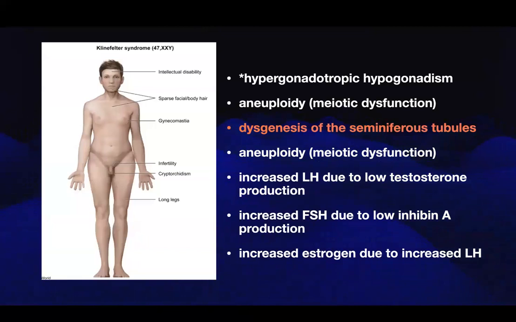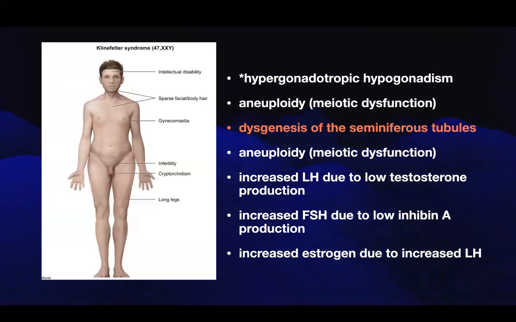The problem is at the level of the seminiferous tubules. Therefore, you are not able to produce good amounts of testosterone. So the body is going to detect this low level of testosterone and increase LH and FSH. That will increase the amount of estrogen, because LH also, on a side note, increases the amount of estrogen.